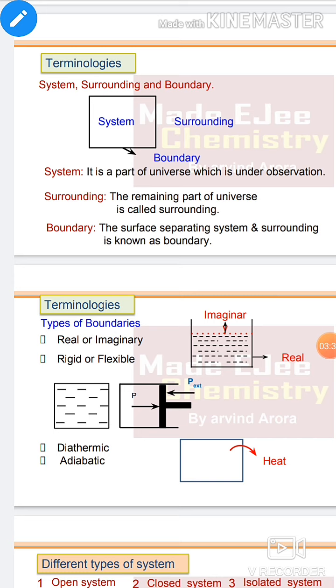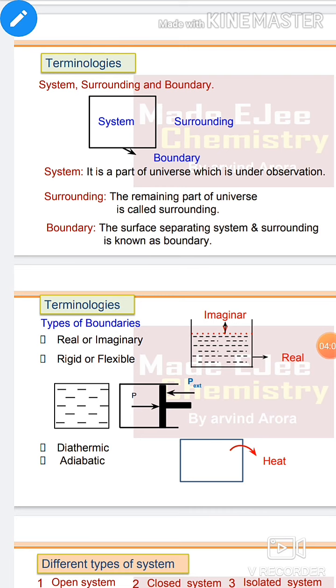For example, in an experiment performed in a laboratory, the actual chemical reaction carried out in a beaker is the system and all other things around it are the surrounding.